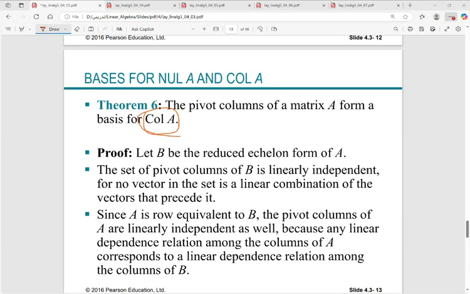Okay. And what is Row A, the row space of A?